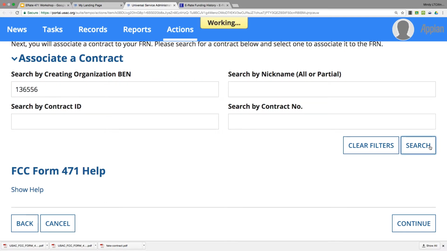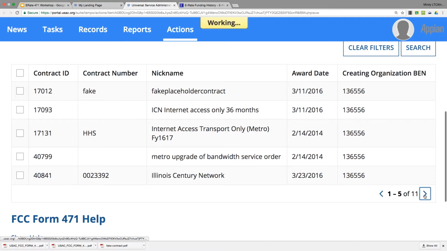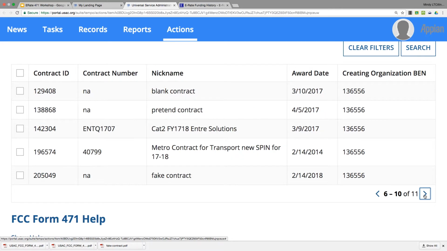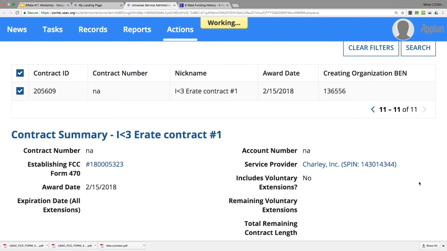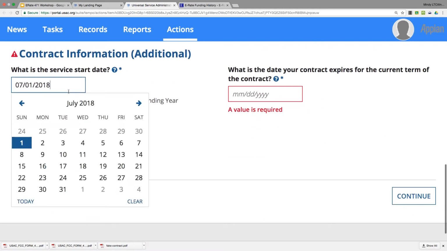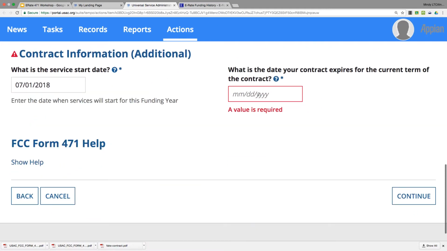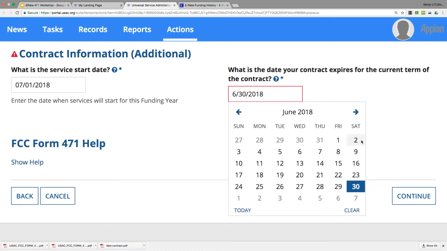I'm going to do a search and I'm going to pick my I Love E-Rate contract. It's on my last page. And so I'm going to pay Charlie Incorporated to install for me. Again, the service start date is the beginning of the year. The service end date is 6/30/2019. I do that every time.